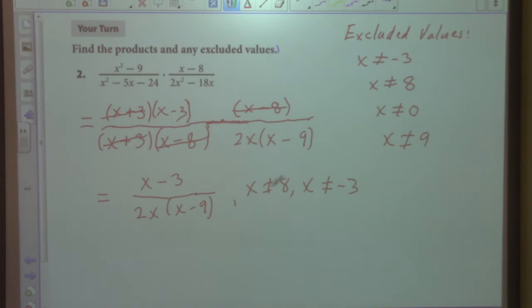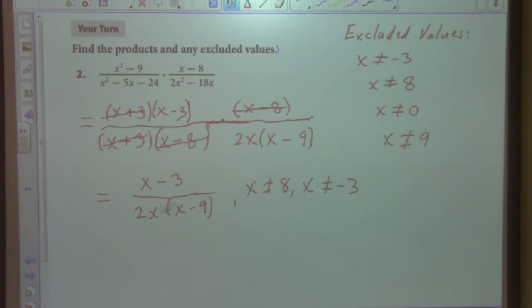Why would they list just these two? Because those are the ones taken out. These other ones, it is obvious, or should be obvious, that x cannot equal 0 and x cannot equal 9.